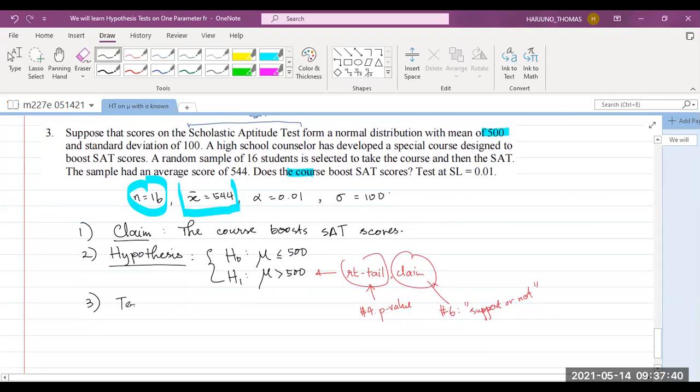Test statistic. So the test statistic is the sample mean 544 minus 500 over the population standard deviation 100 over square root of 16.